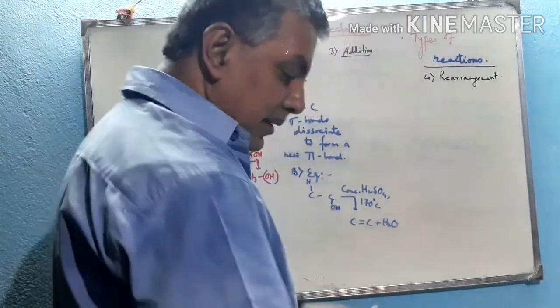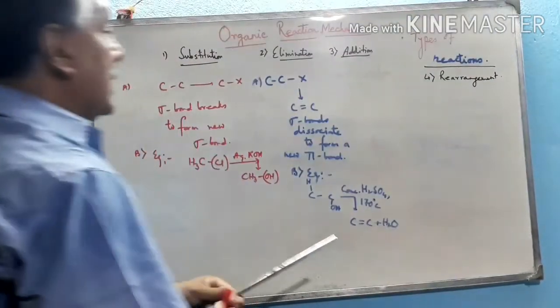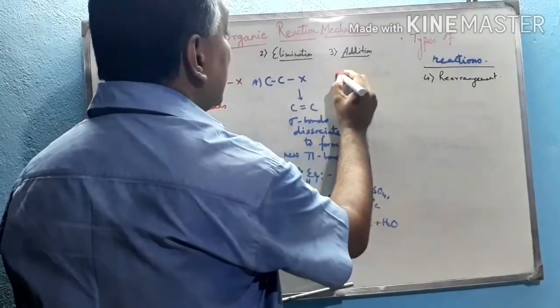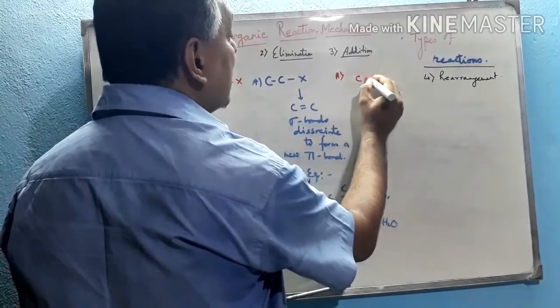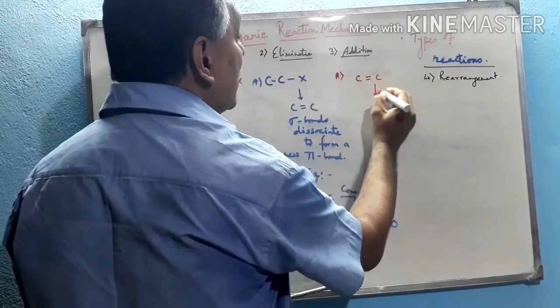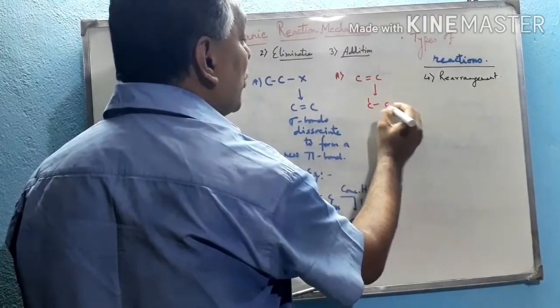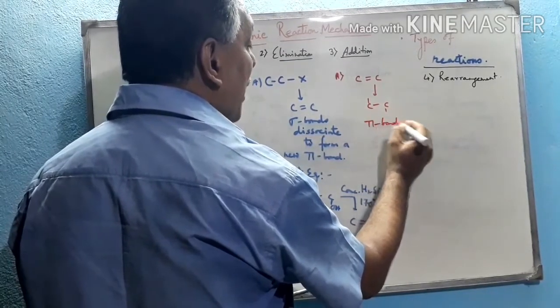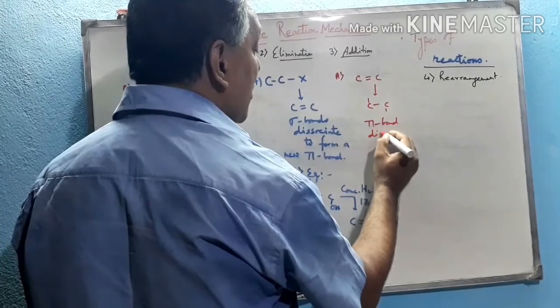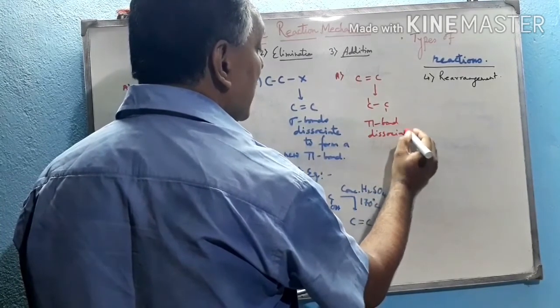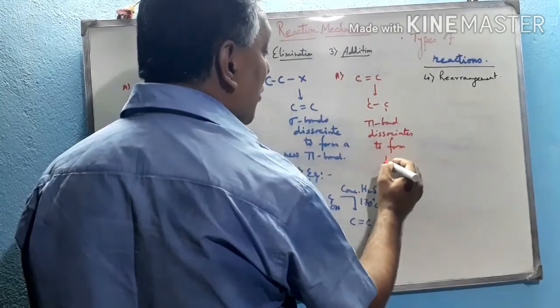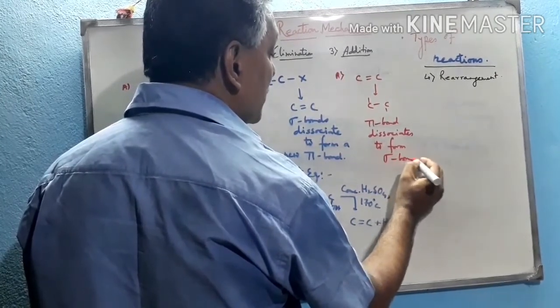Number 3, this is the addition reaction. In the addition reaction, the double bonded system forms a single bond. So here pi bond dissociates to form sigma bonds.